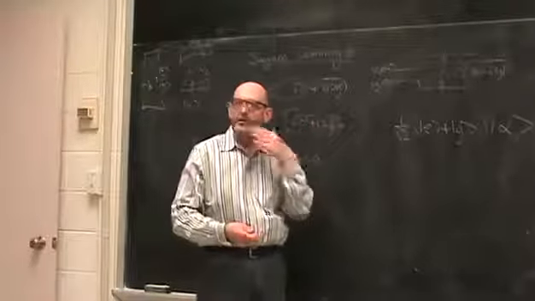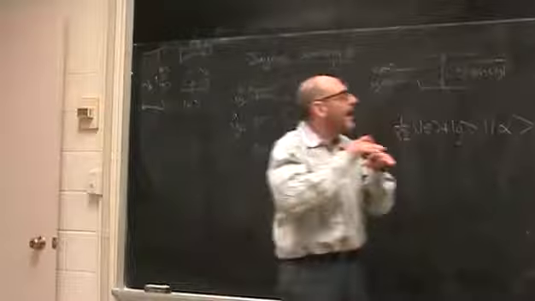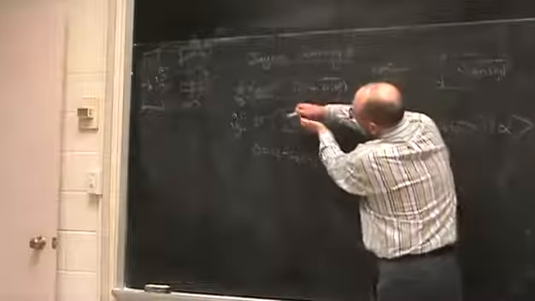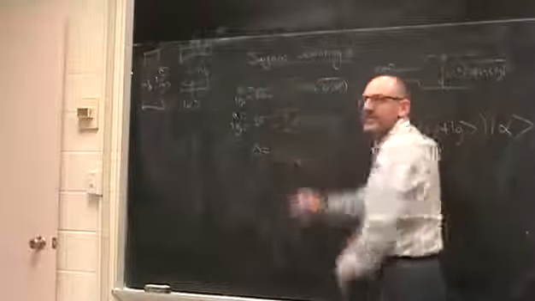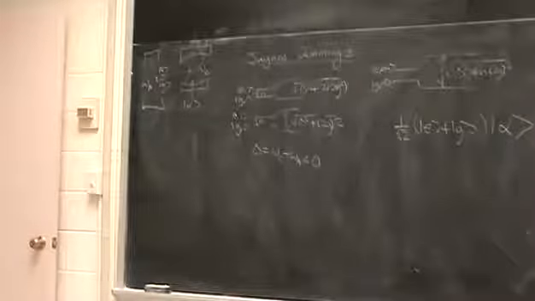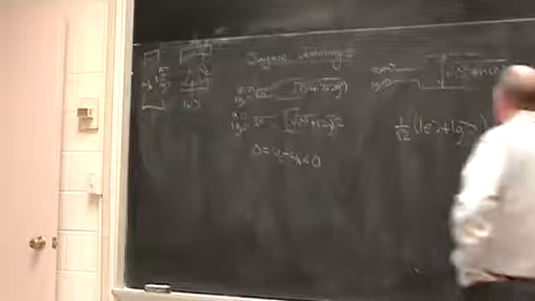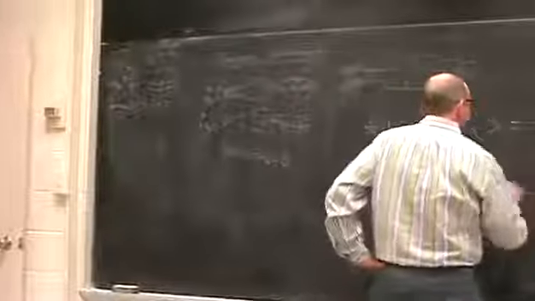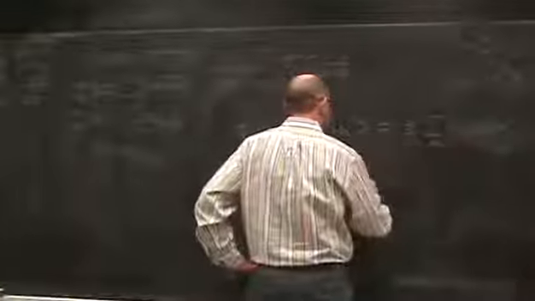So I get an AC Stark shift, or a light shift, a quantized light shift on each of these levels. And so each one of these states picks up a phase.